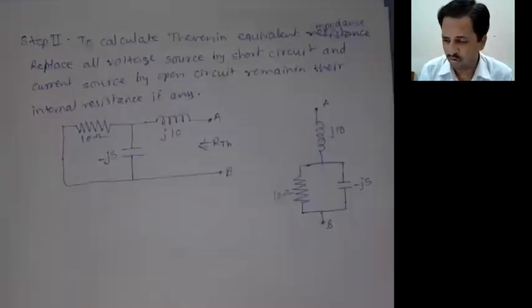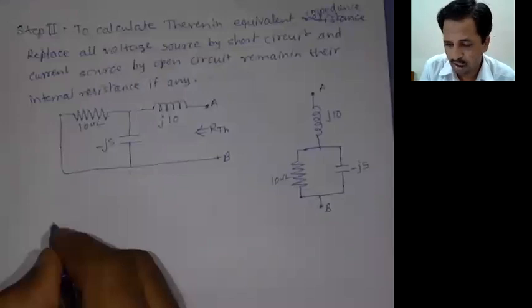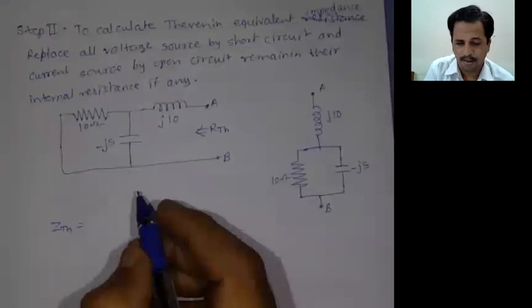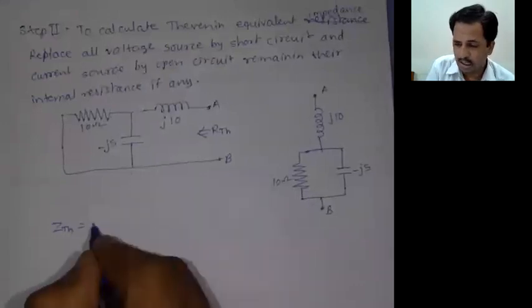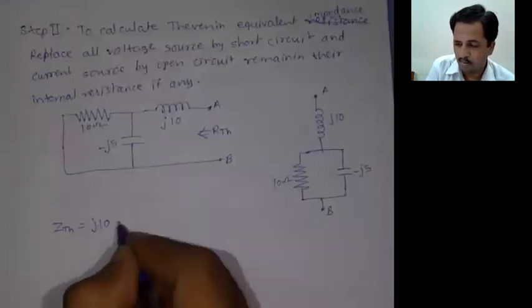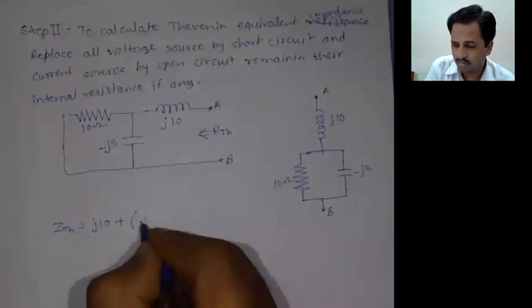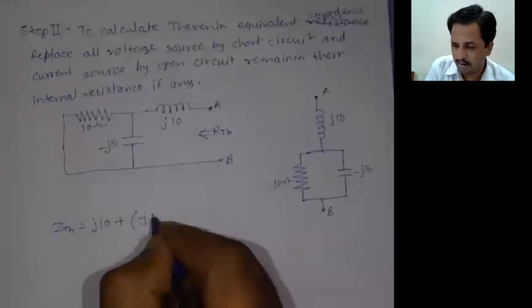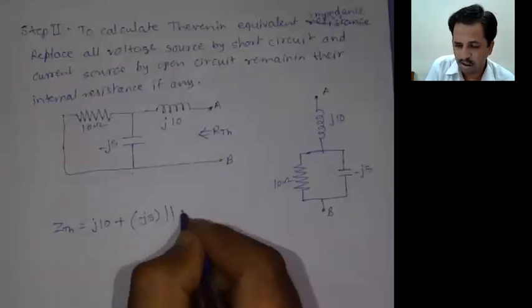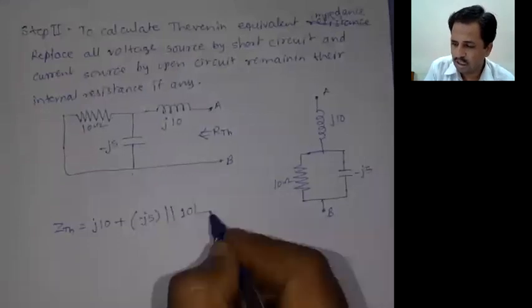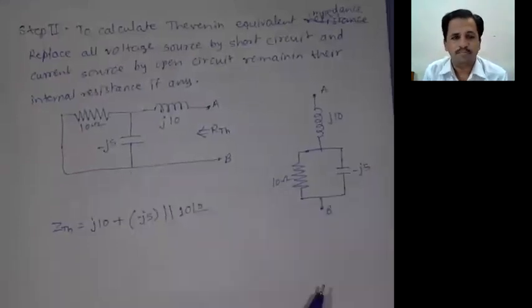Now we have to find ZTH, that is the Thevenin equivalent impedance, like this. Here it is j10 plus the parallel combination of minus j5 in parallel with 10 ohm, that is 10 with angle 0 degrees.